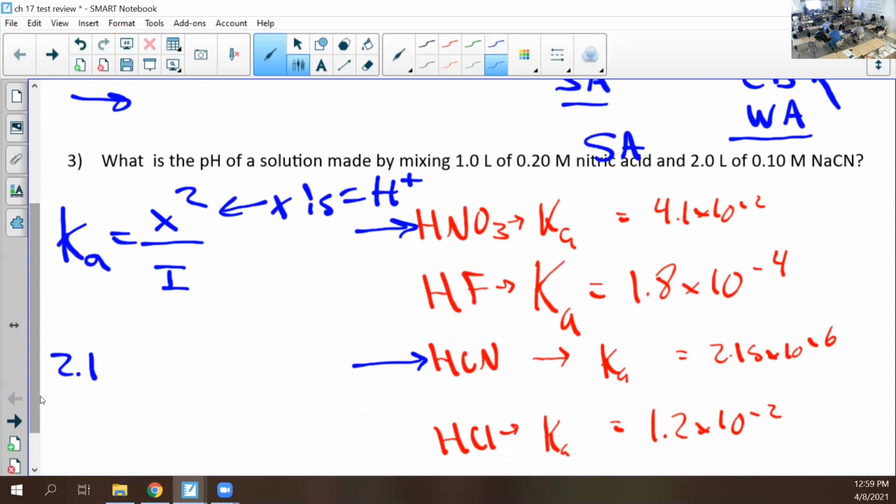So you have 2.18 instead of 5, whatever, times 10 to the negative 6 equals x squared. Your initial is the total that you made, which were both 0.2 moles. So it's just 0.2 that you produced. Solve for x, negative log it, and you're off to the races.